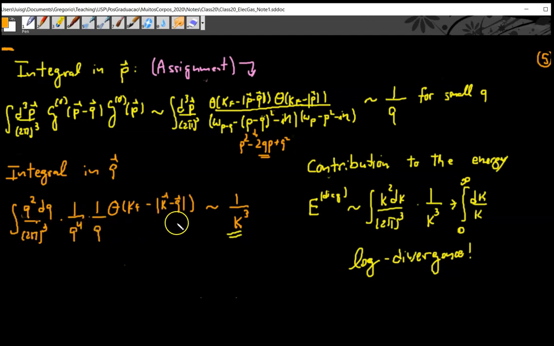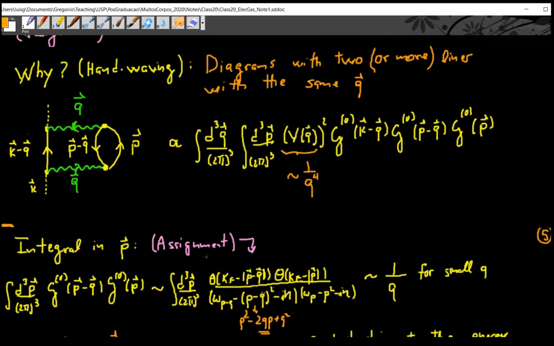So this integral will give me a contribution in k now, and remember, k is the variable that we are most concerned with, because that will give me the contribution for the self-energy in k.